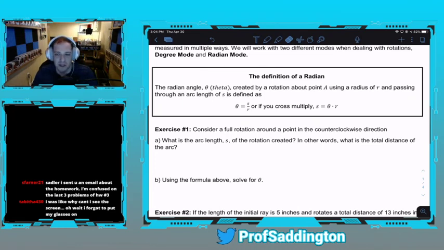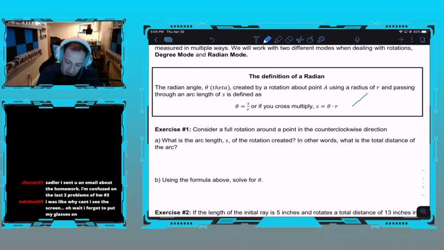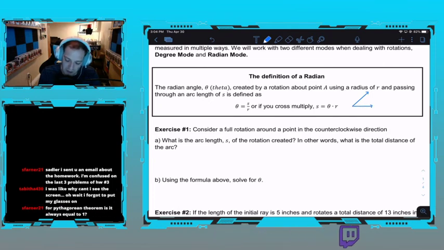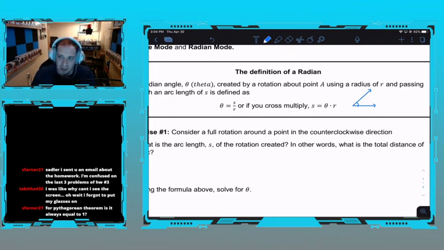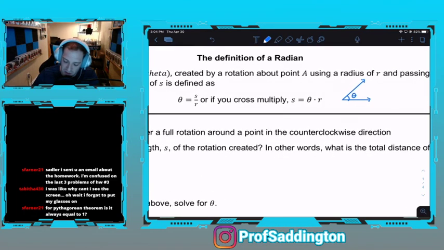So I'm going to do it as a picture so it makes more sense. Let's say that we have an angle, just some random angle, and that angle is going to be called theta. Yes, Sierra, because that homework was using the unit circle.